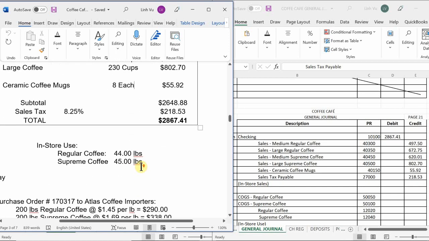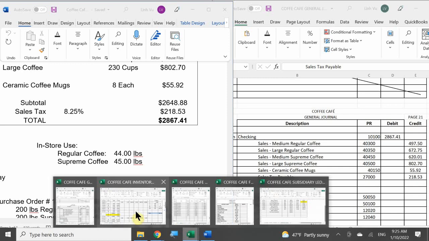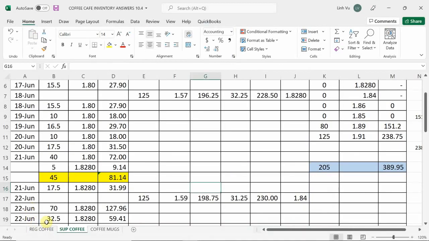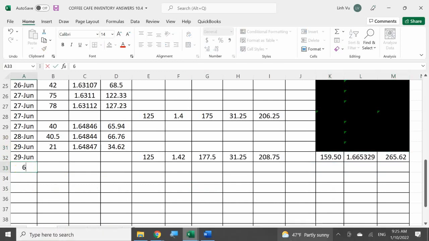So then we have here in-store use. We used 44 pounds of the regular coffee and 45 pounds of the Supreme coffee. So, inventory worksheet. Regular coffee, we used 44 pounds.